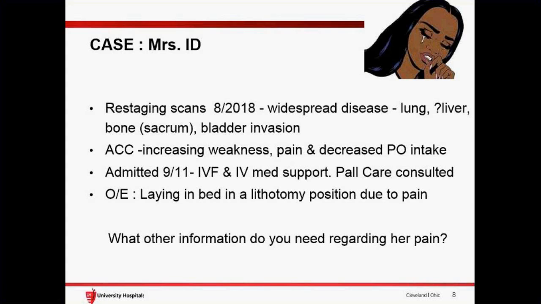On examination, she is laying in bed in a lithotomy position due to pain. So what other information do you need regarding her pain? Anybody besides what we have just discussed or told you?